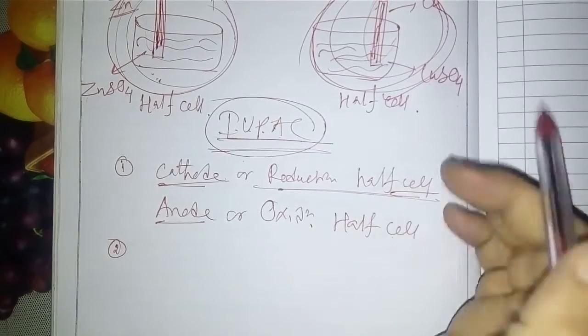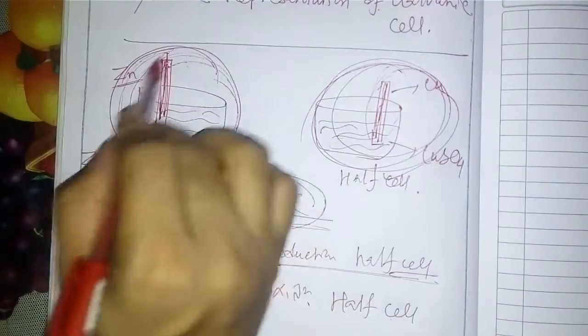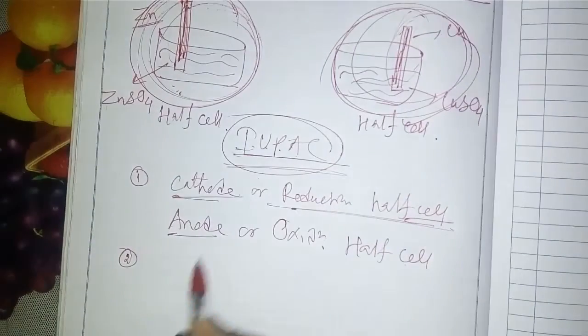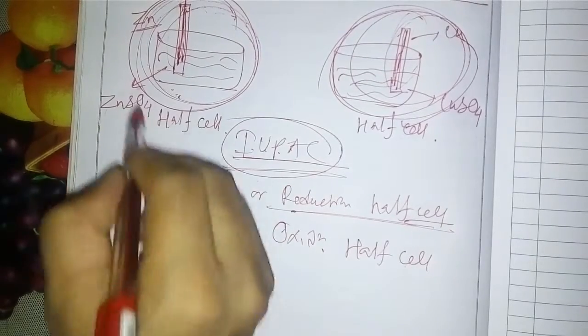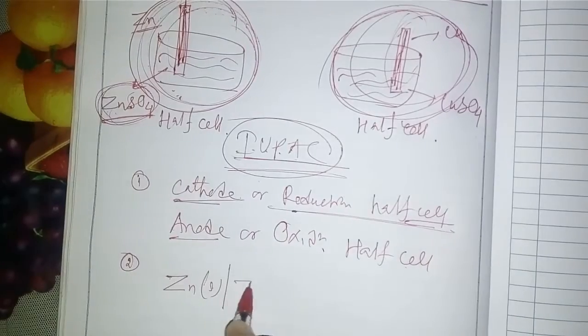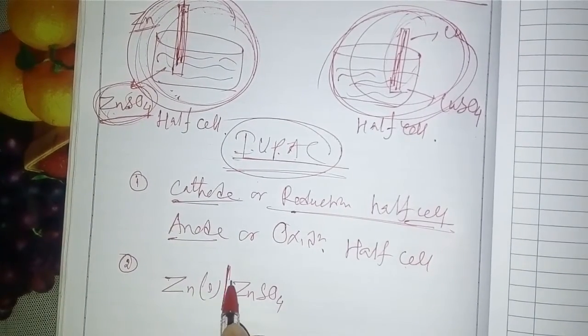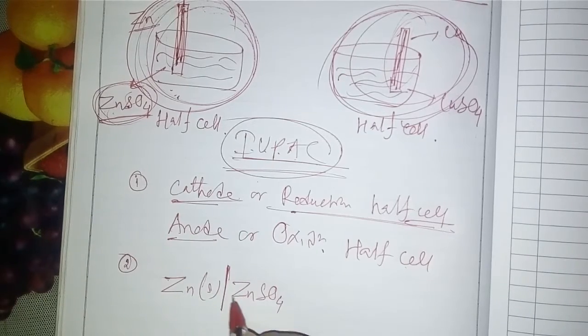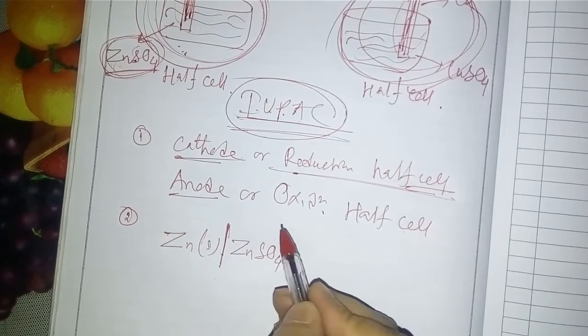Suppose this is the oxidation half reaction. First write the metal, and then its solution electrolyte, which is ZnSO4. This single vertical line is called the phase boundary.